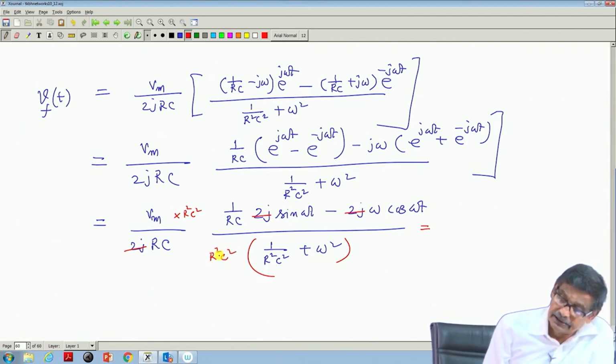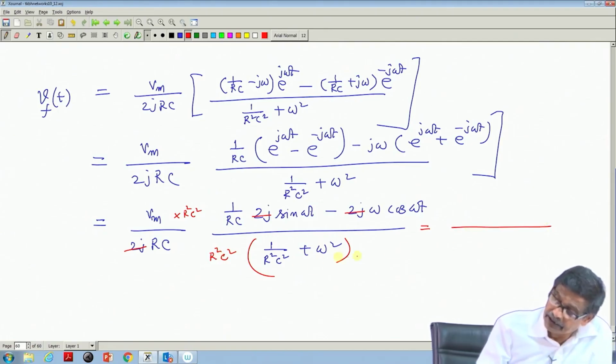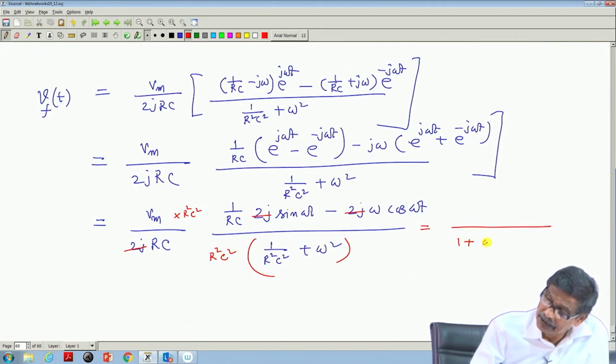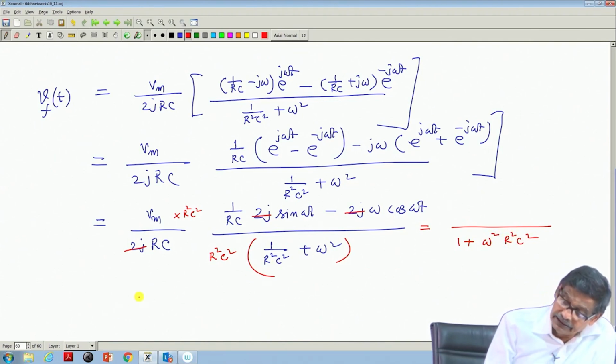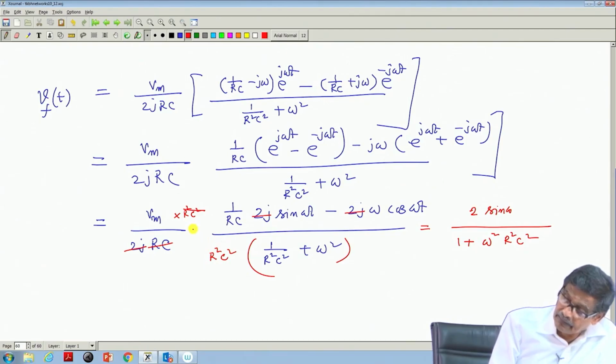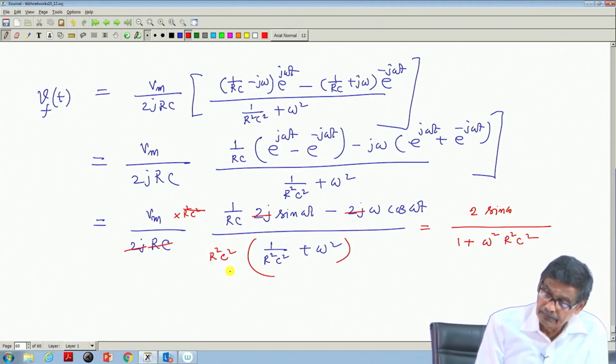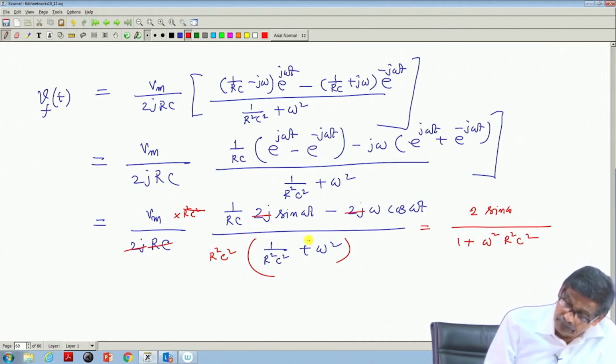you multiply this one. So, this then will become, below it will become 1 plus omega square R square c square, and on the top 1 R c goes here, and this R c will make it 2 sin omega t, two j gone.